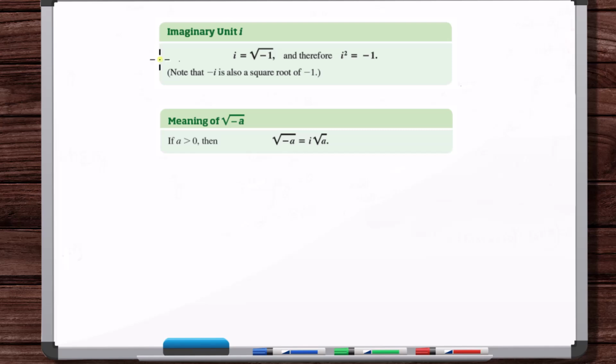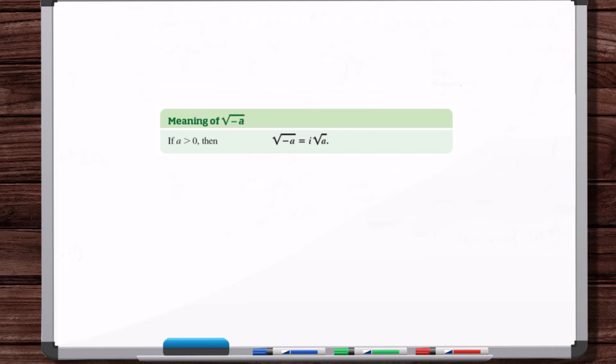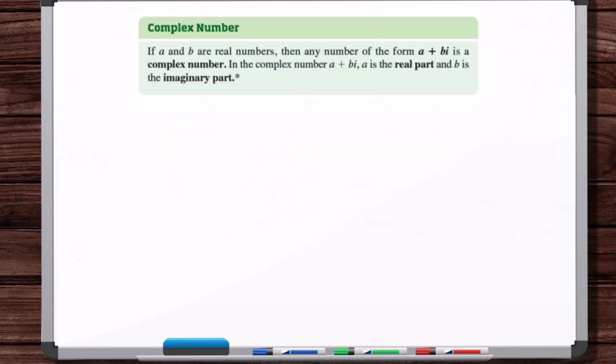Okay, so what do we do? Well, that's the whole purpose of extending this imaginary number i, which you can write as like 4i, like -12i. You can multiply it by a real coefficient.